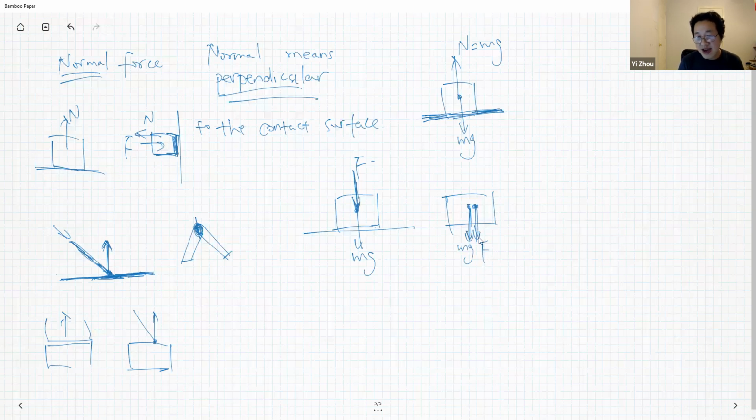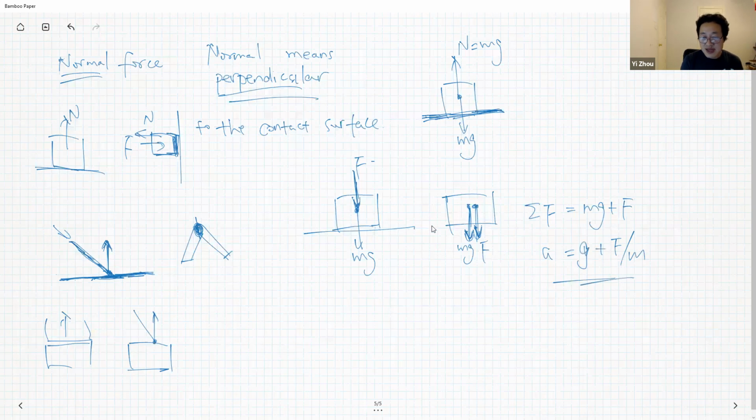So if we only have this gravity and this force, and if there's no other force, what is the result? The box would accelerate downwards. Right, because in this way, the total force will be mg plus F. So we'll have an acceleration, which is g plus F divided by the mass, right?